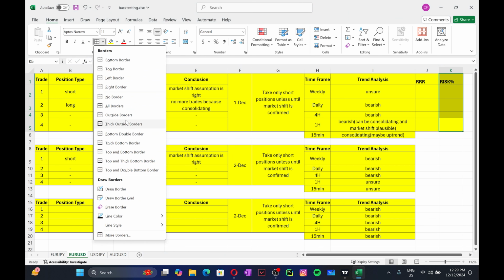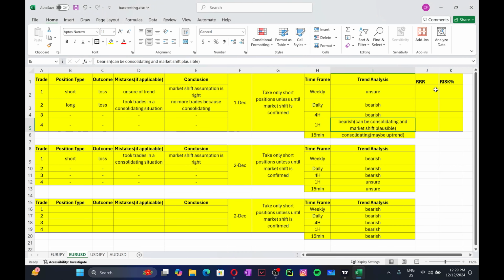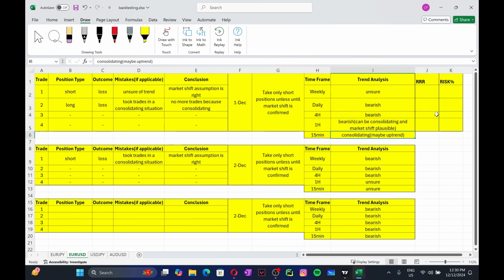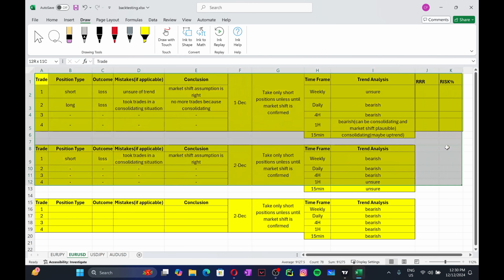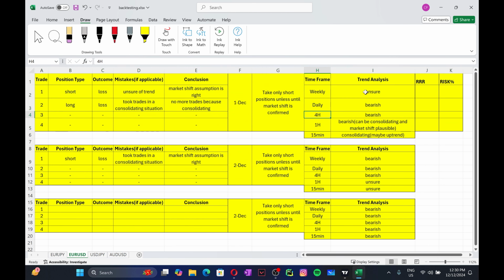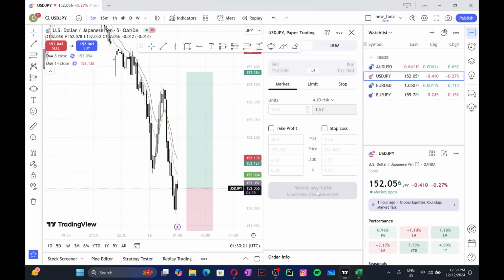And I want to have outside borders. Actually, I think I should select all this. Oh wait, yeah, I can just leave it like this. So what I'm going to do is I'm going to copy paste this and save it.